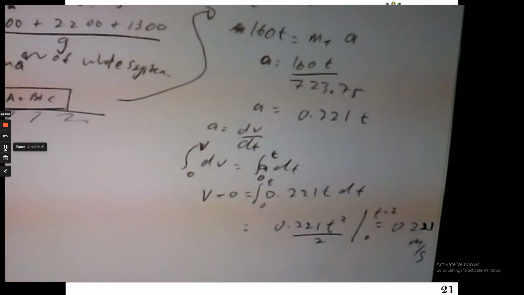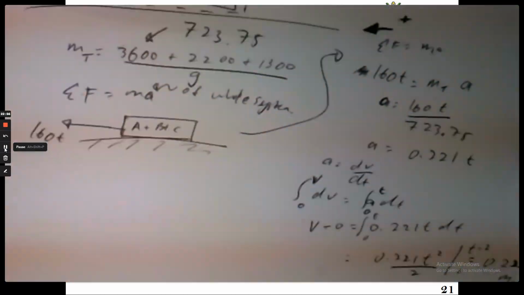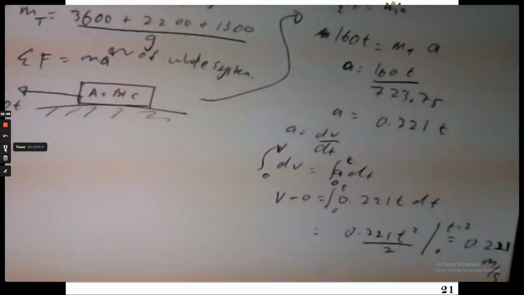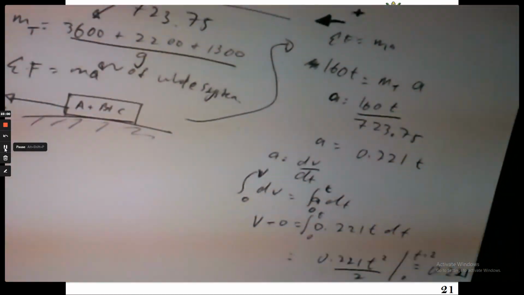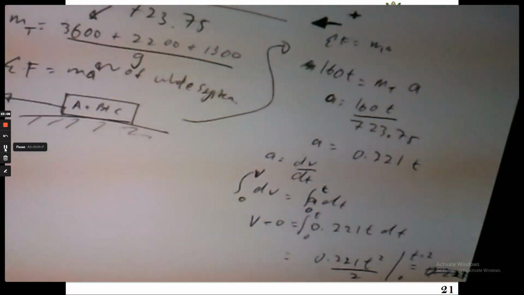That would be the speed of the whole thing, A, B, and C, at t equals 2. Oh, sorry, not 0.221, 0.442 meter per second.